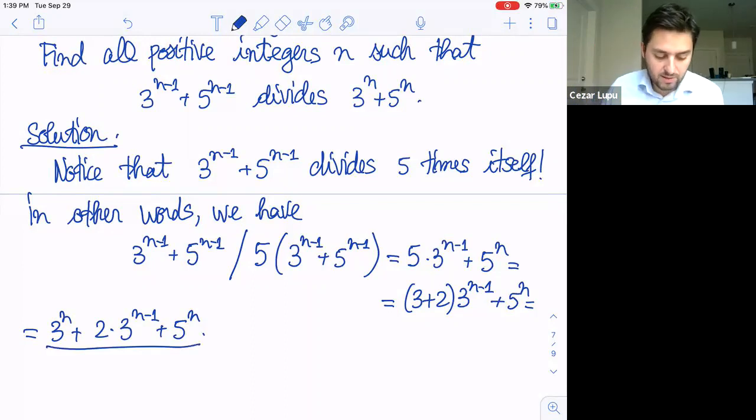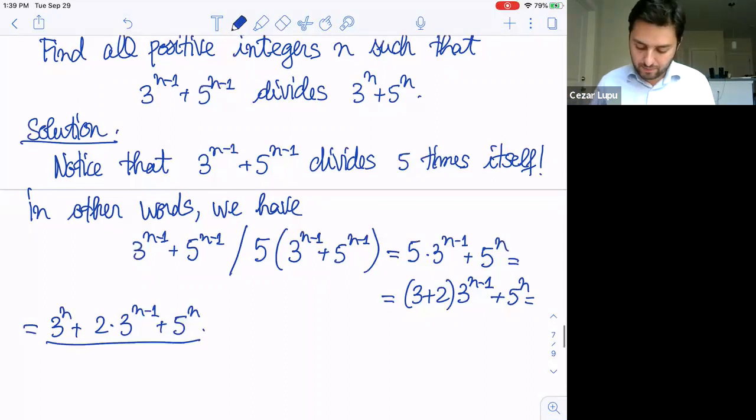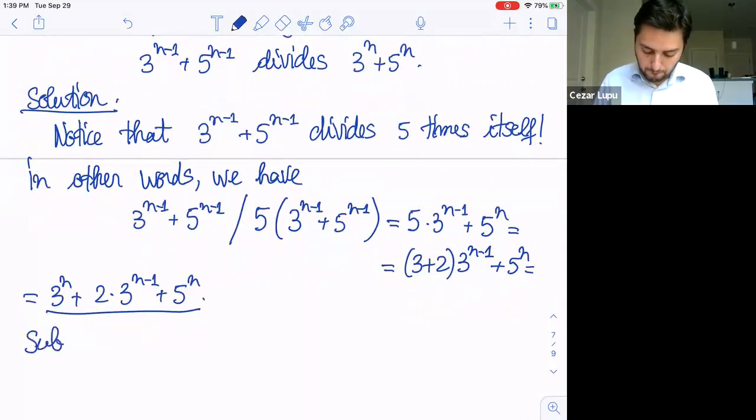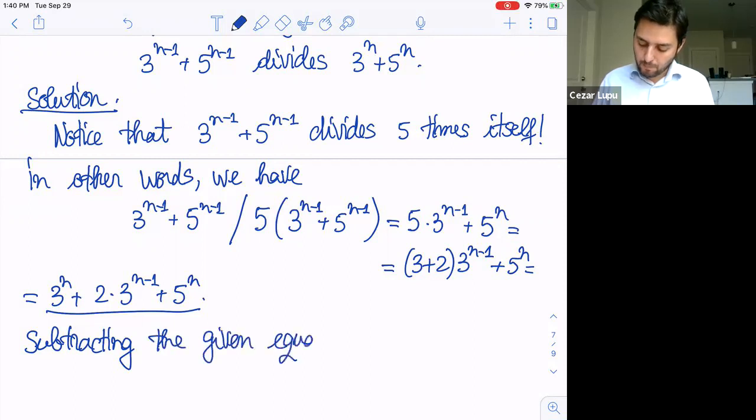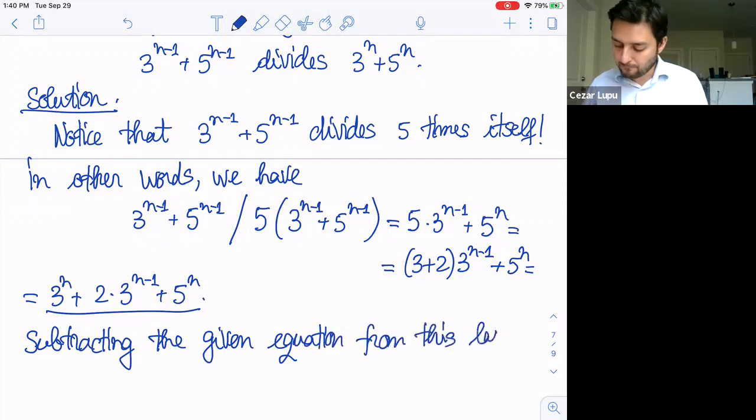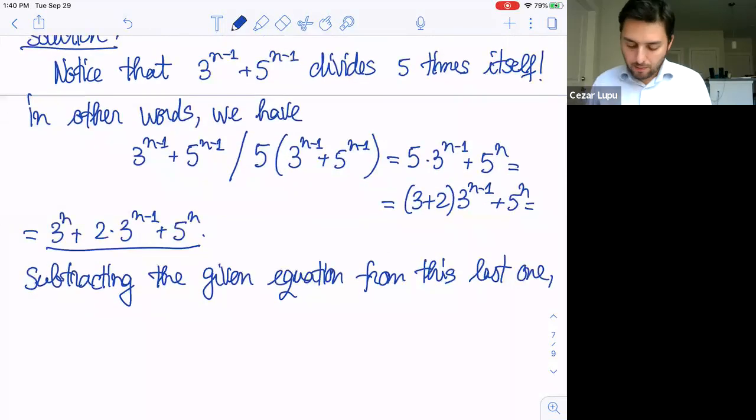Okay, now we're going to subtract the given equation from this one.